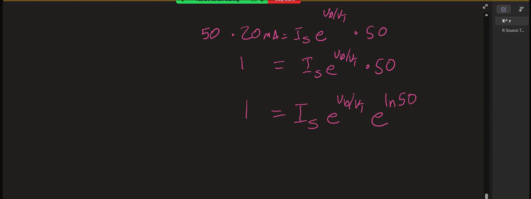Because e to the natural log of 50 makes this 50, gets it up into the exponent. So now I can write this as IS e to the VD over VT plus the natural log of 50.